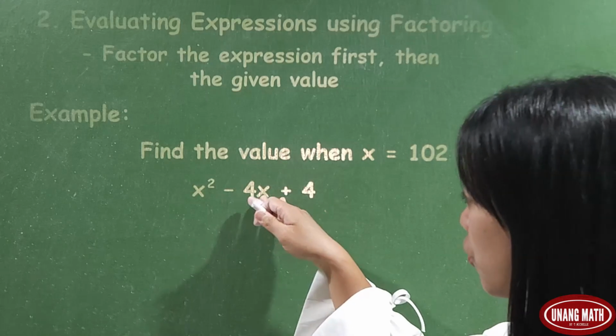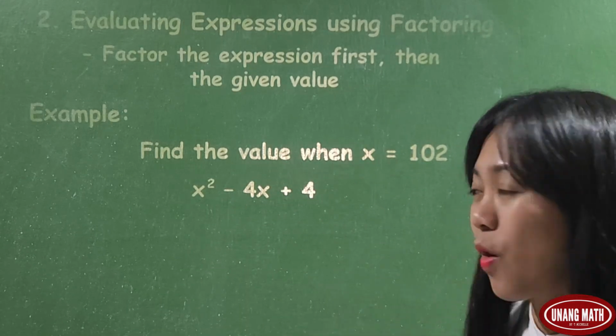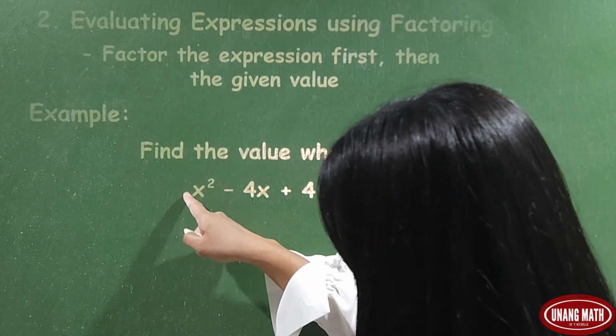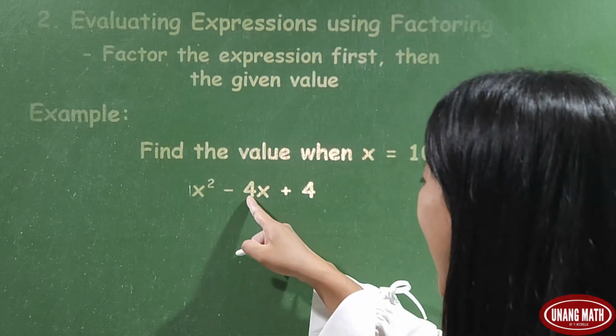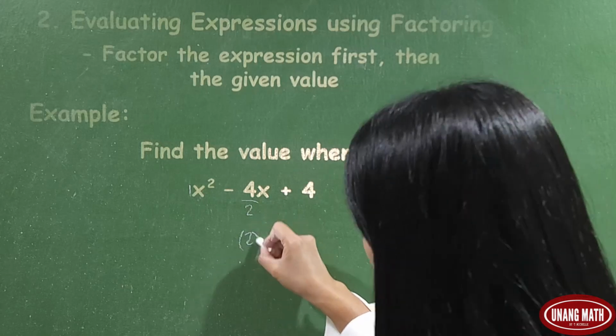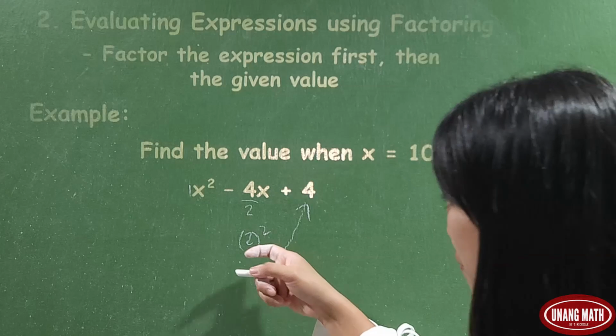X squared minus 4x plus 4 is a perfect square trinomial. Why perfect square trinomial? Since the coefficient of x squared is 1, then the middle term divided by 2, squared, is equal to the last term, which is correct.